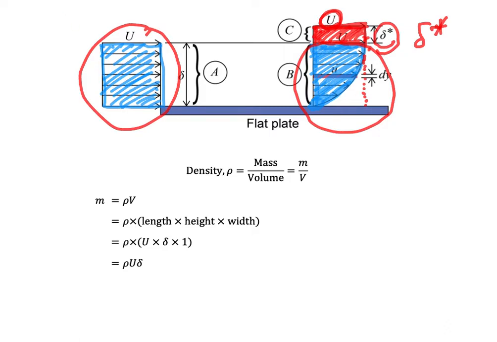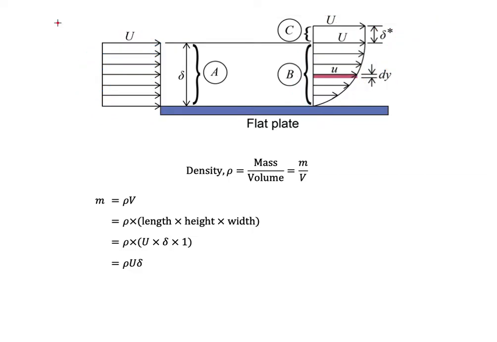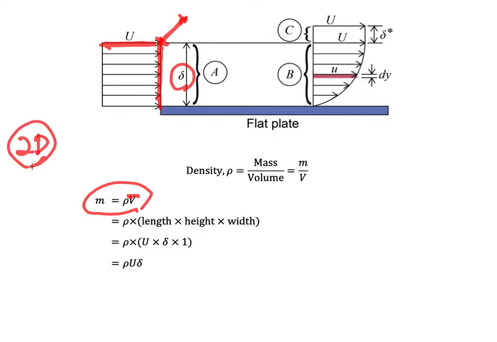According to this, if we want to calculate the mass, we know that m is equal to rho times volume. For this diagram, the volume is the length U here, the height, which we assume is equal to delta, and then the width. Because it is easy for us to calculate in two dimensions, we assume that the width here is 1 unit, or 1 meter, just to simplify the calculation.